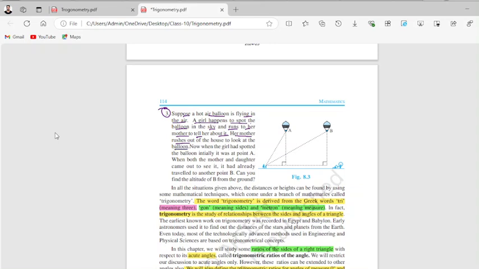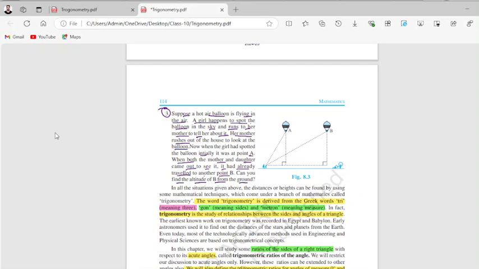When the girl spotted the balloon, initially it was at a point A. And when both mother and daughter come out to see, it has already traveled to another point B. Can you find the altitude of B from the ground?